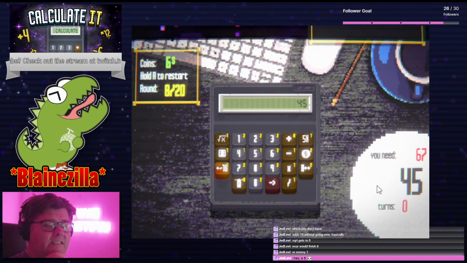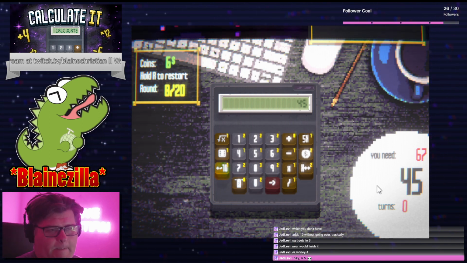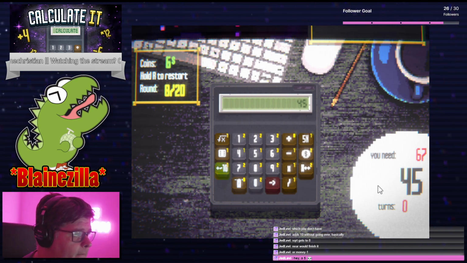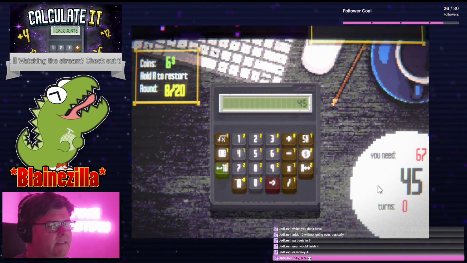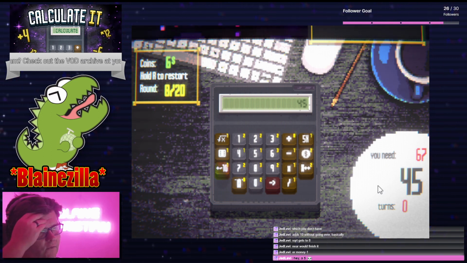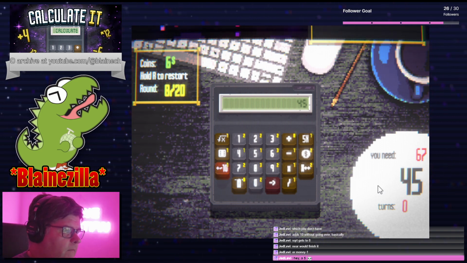This game seems like it should be like an April Fool's joke, but this 100% works. 45, you need 67, right? So our delta is 22. So we'll start with that. So plus 22, but we don't have a plus. Our 545 we could get to relatively quickly.